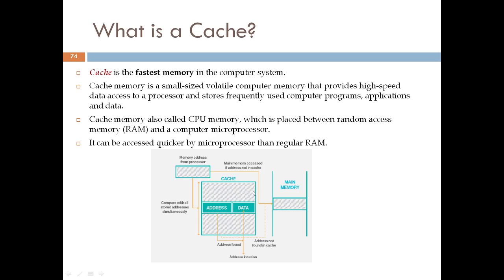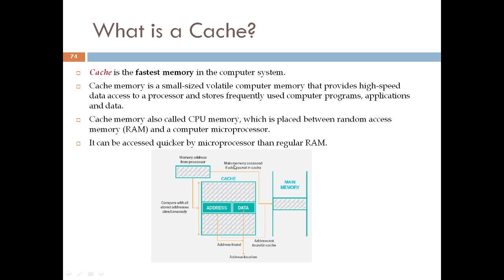This is the simple diagram to explain how exactly the cache memory works. The processor sends a memory address from where it wants to fetch data. That address is compared with all the stored addresses in cache memory. If that address is found, then the data from that address will be fetched and sent to the processor.